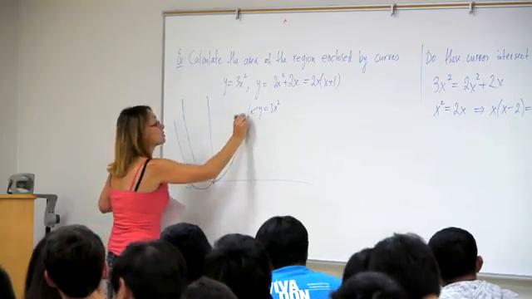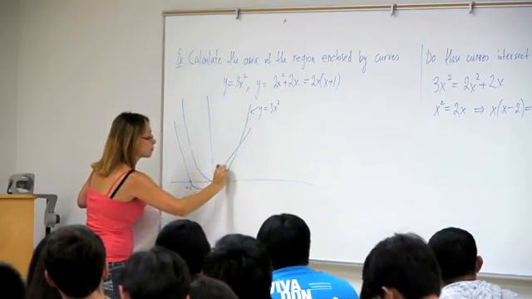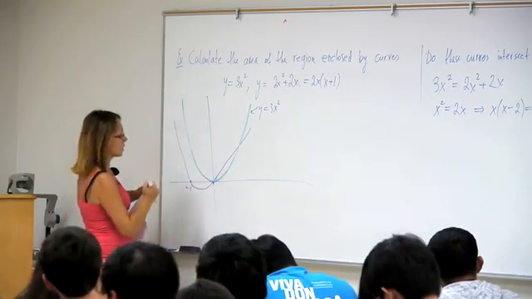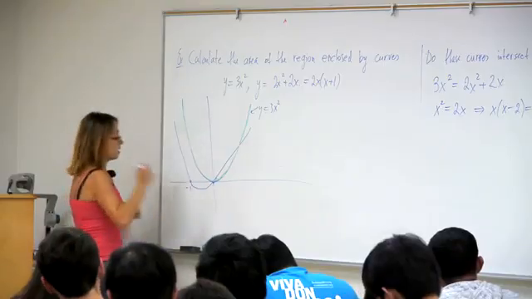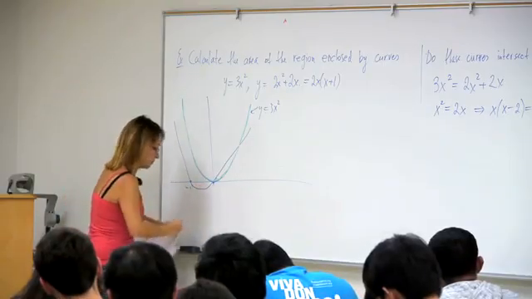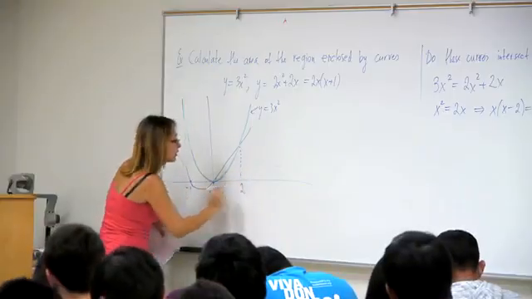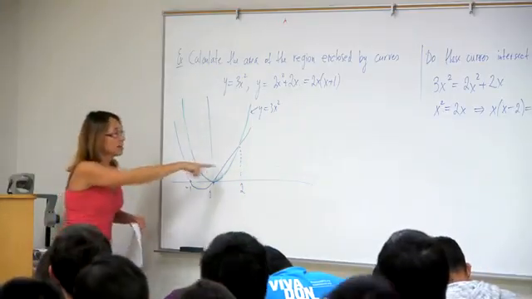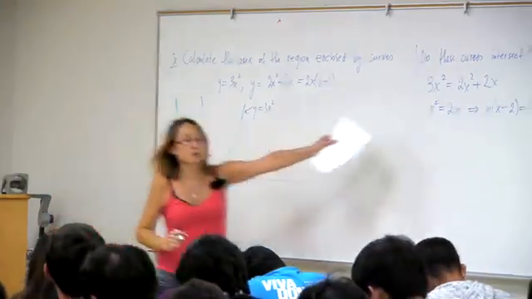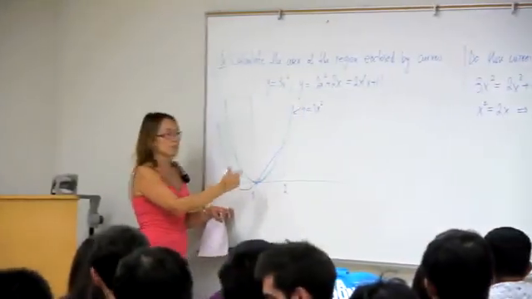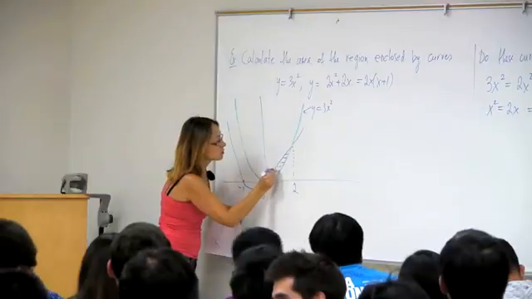So now the two curves are different color, at least. Okay? They intersect at 0, and at point x equals 2. And as you can see, there are no other points of intersection. And that leaves me with exactly one enclosed region, which is between these two curves.